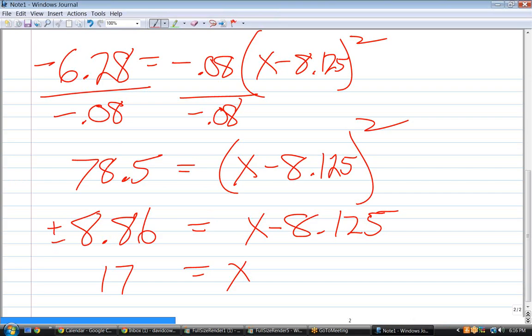Well, if I take the minus number and then add this 8.125, I'm still negative. And we can't have a negative distance. So we discard the negative answer and go just with the positive answer, and we get 17.